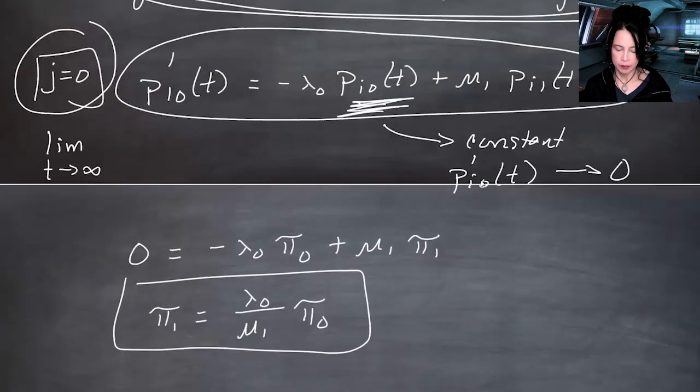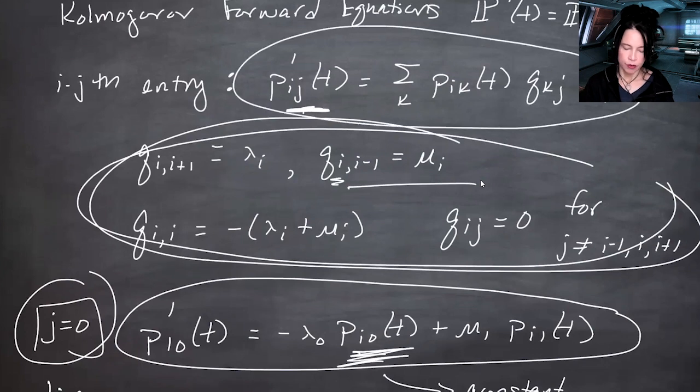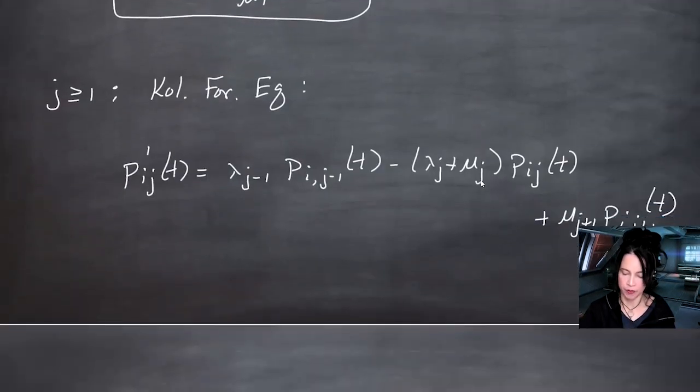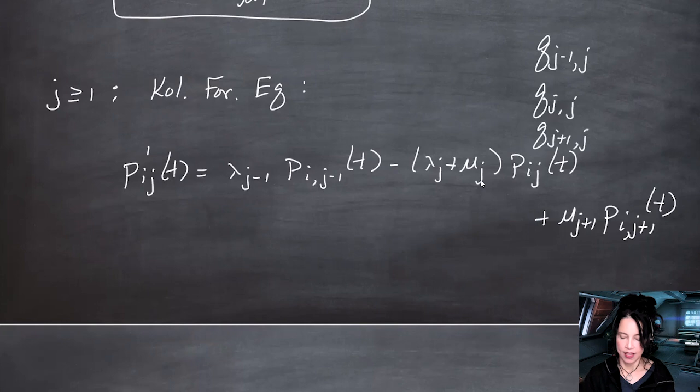Let me go back up. I am writing this equation for j greater than or equal to 1, because the 0 case is a little bit different. I have q_kj, and so the non-zero terms, given that j is fixed, come from q_j minus 1,j, q_jj, and q_j plus 1,j.